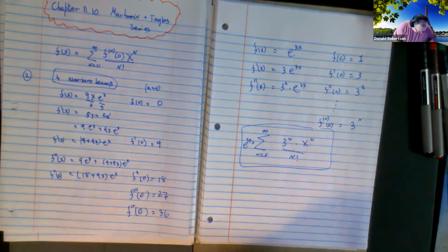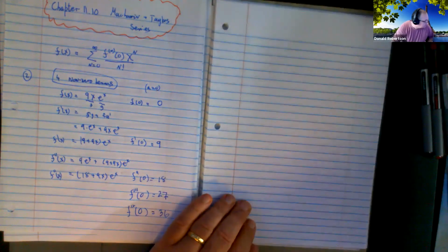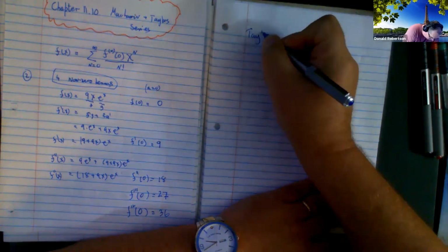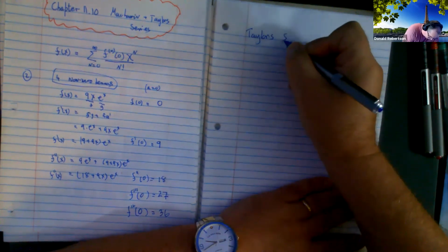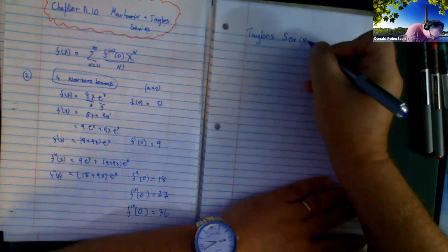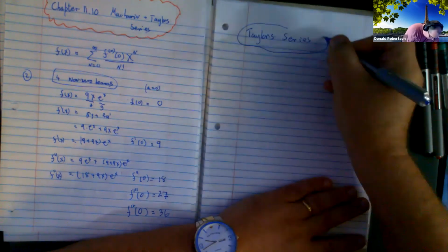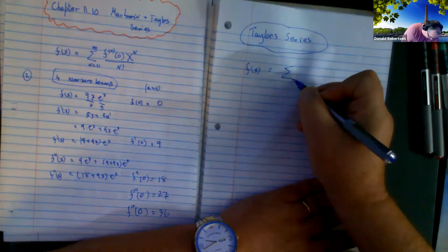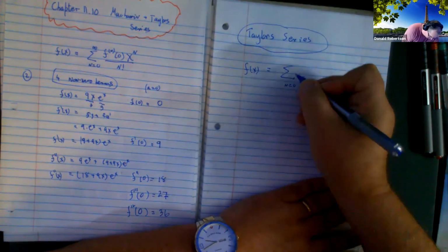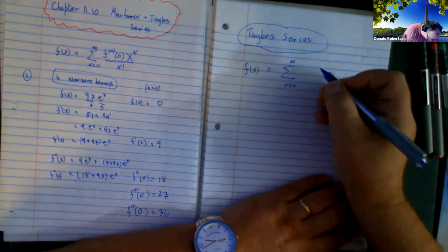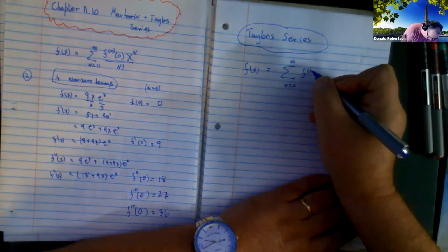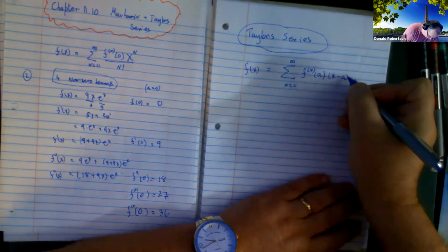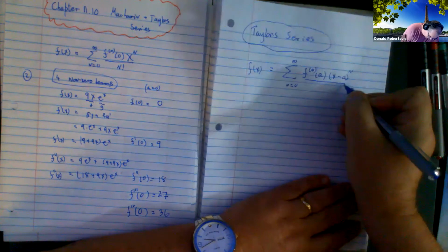Let's do Taylor series. At least start it so tomorrow we can work on it. What the guy Taylor discovered is that you can do a power series centered at a, and the formula for it is the sum of the nth derivative at a, times x minus a to the power of n, over n factorial.